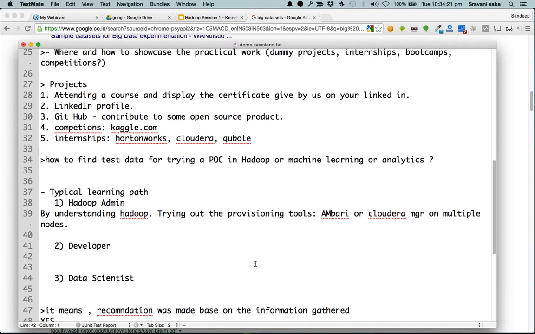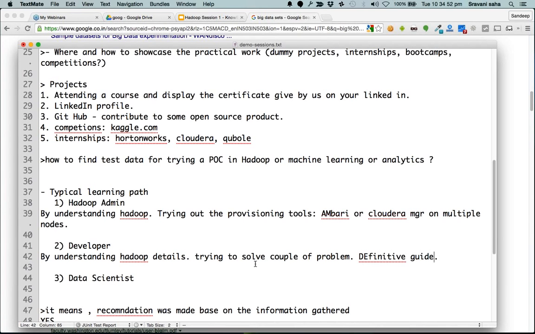With respect to the developer path, understand Hadoop details and try to solve a couple of problems. That's the only way to learn the developer path. Or you can try books like The Definitive Guide.